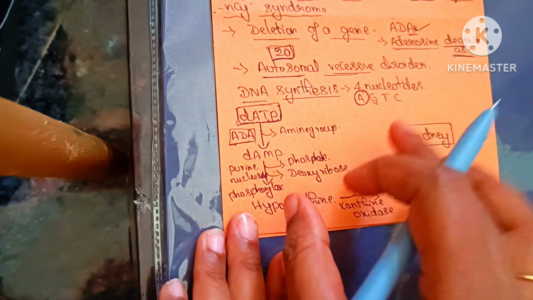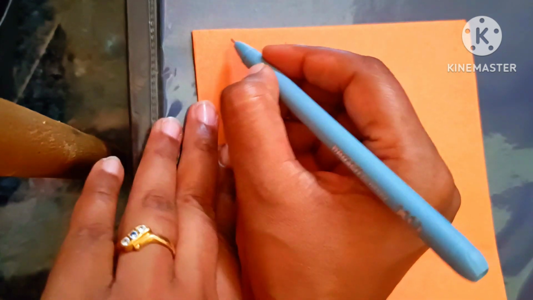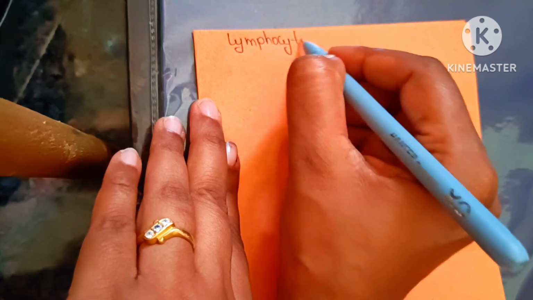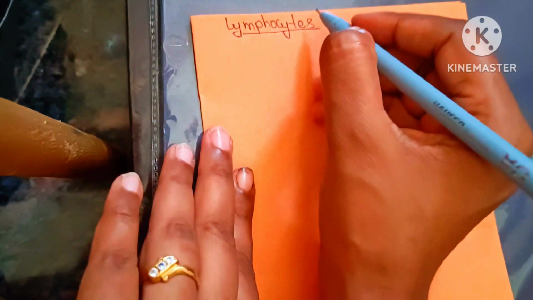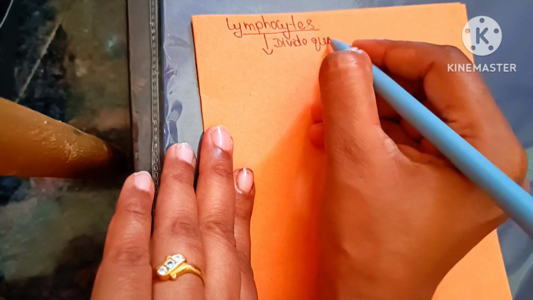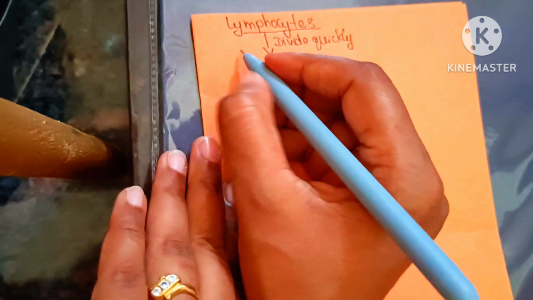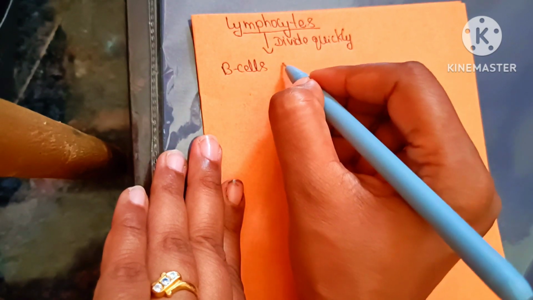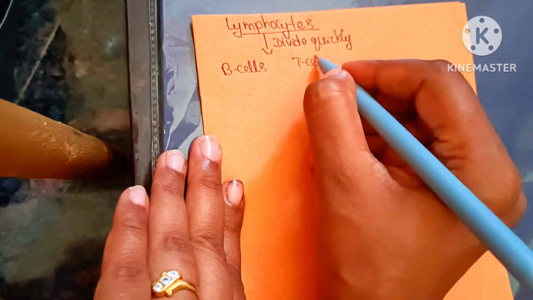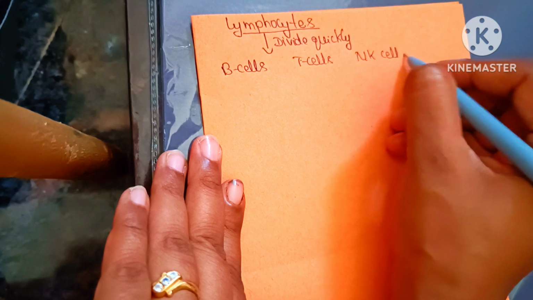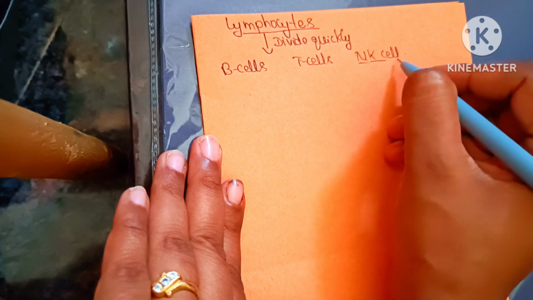On the other hand, in a normal individual, one more process is taking place. That is, there are cells called lymphocytes. As we know, lymphocytes are a type of blood cell. Lymphocytes will divide quickly and undergo differentiation to form B cells, or B lymphocytes, T cells, or T lymphocytes, and one more type of cell, NK cells, in expansion, natural killer cells.